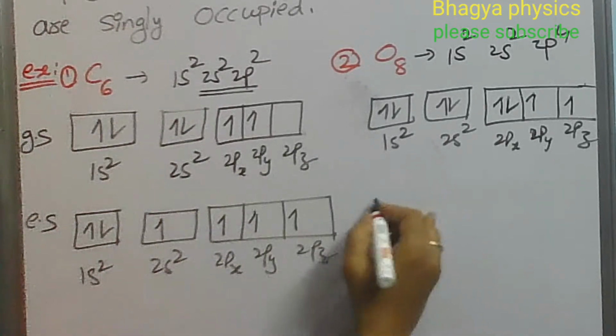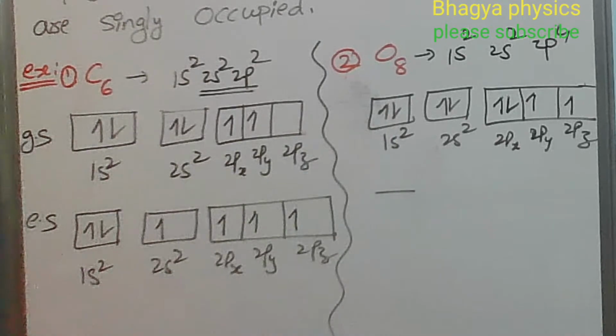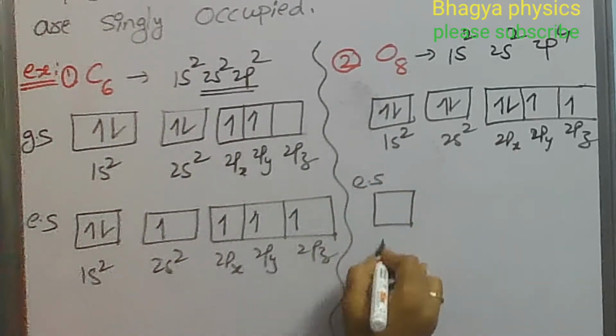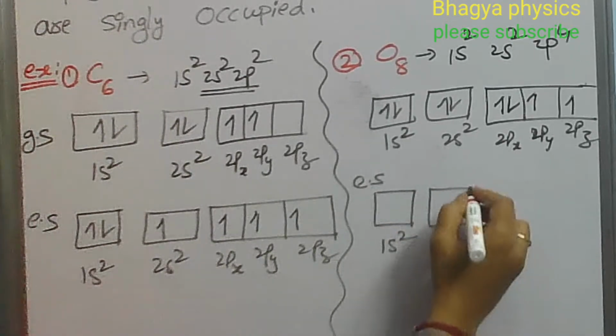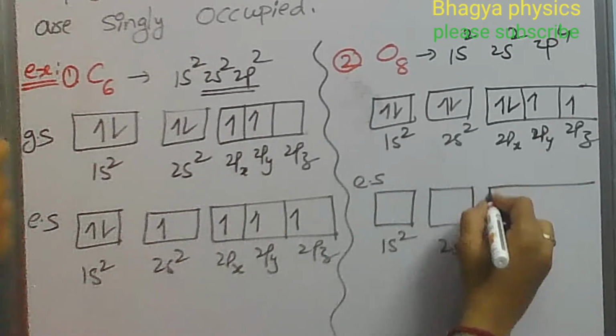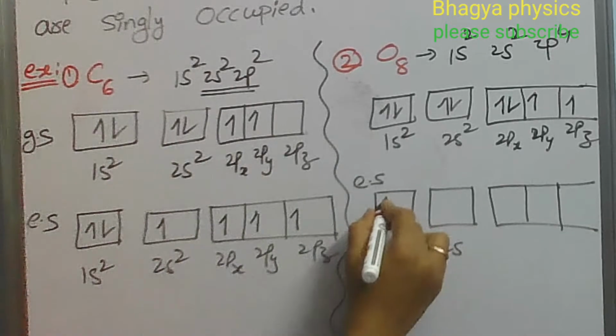Now come to the oxygen electronic configuration in the excited state. 1s2 has no change because it has the lowest energy level, then 2s2 and 2p4. Let us see how it changes.